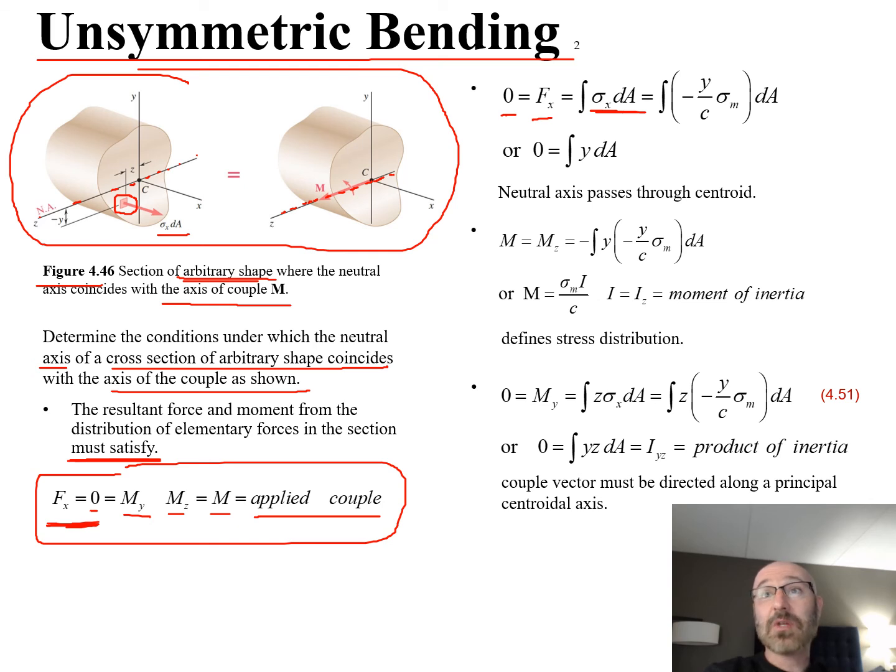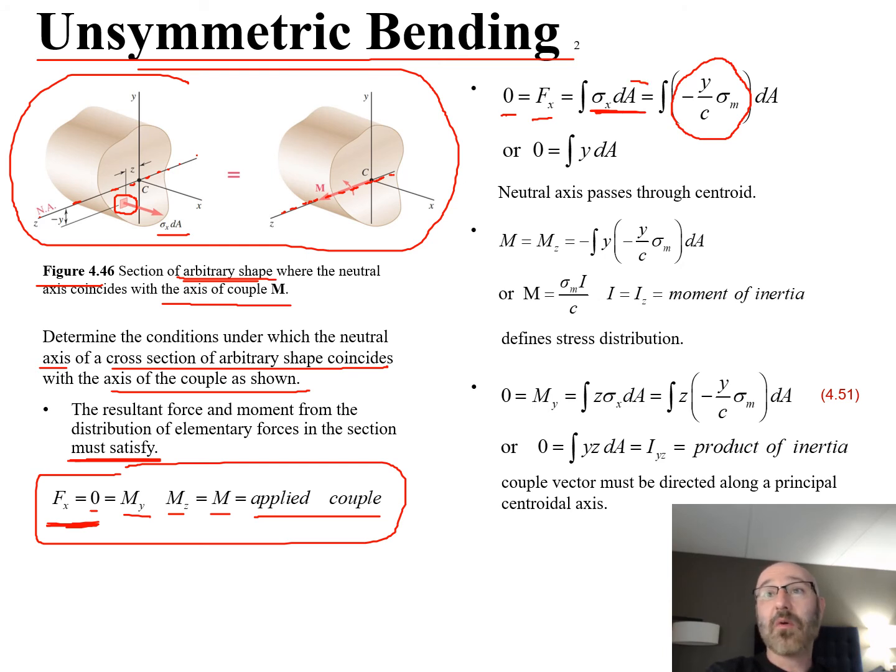We can plug in a relationship for that, and this is now equal to the integral of negative y over c times sigma sub m times dA. What we've done here is replace our sigma x, from the relationship we saw previously in this module, with negative y over c times sigma sub m. Our dA is still our dA.